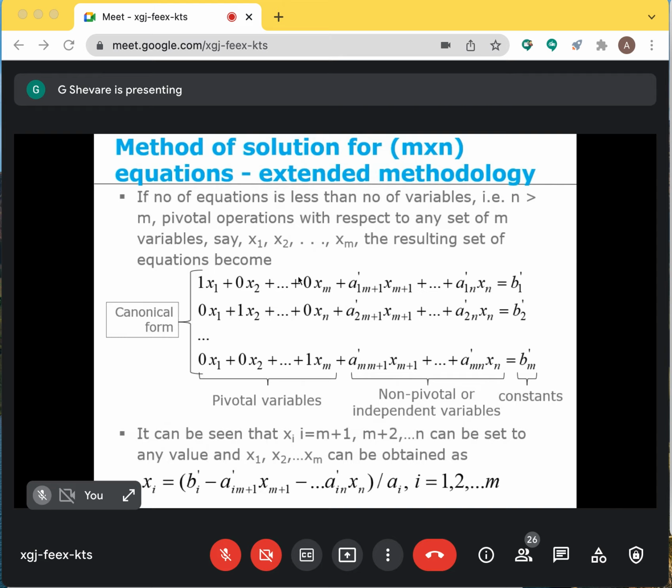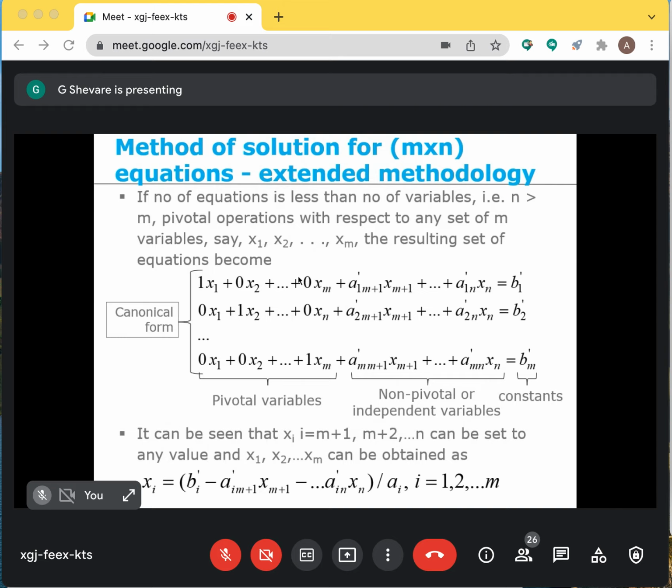If the number of equations is less than the number of variables n, the pivotal operations with respect to any set of m variables will be like this: 1 into x1 plus all zeros till xm plus some coefficient into xm plus 1, some other coefficient with xm plus 2, etc., till a coefficient into xn is equal to b1, and like that you can write it down.